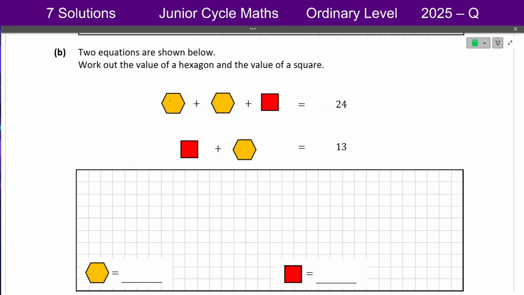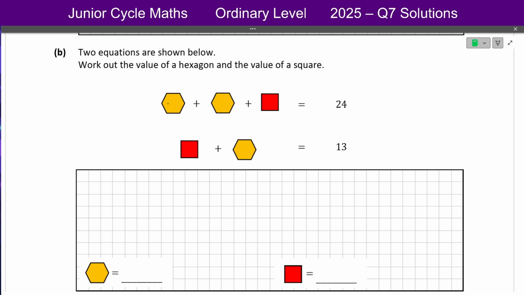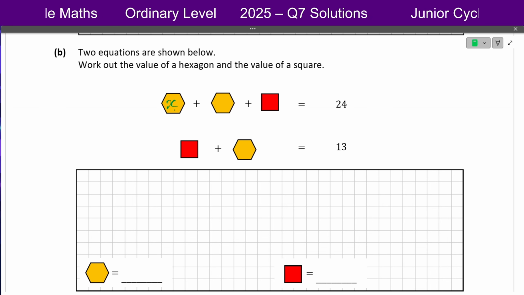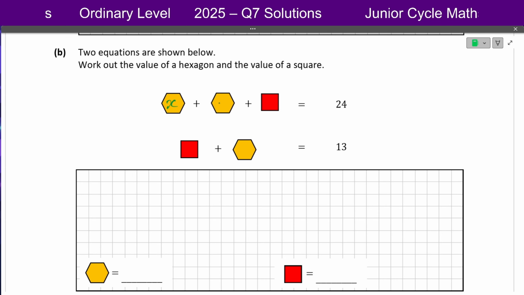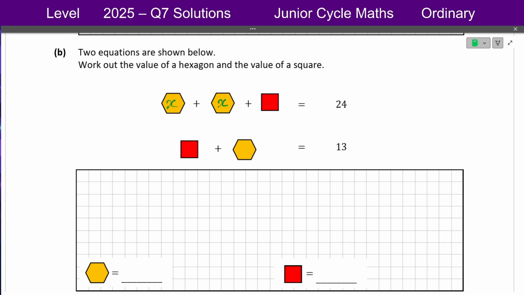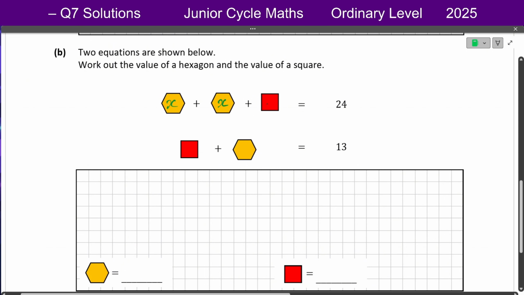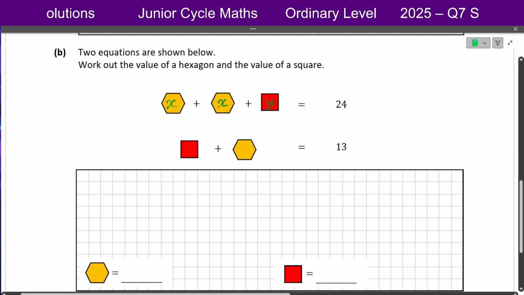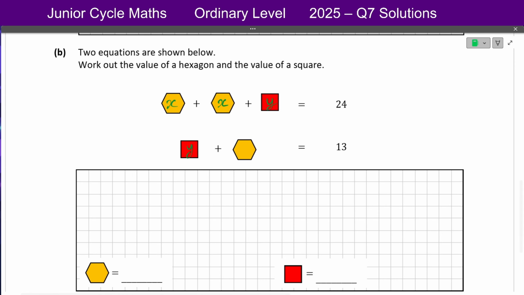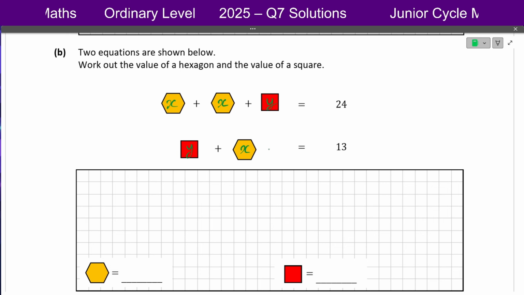For example, we can assign a variable x to the hexagon. So here we have x, and also another x here for the second shape, and for the square we can assign another variable, for example y. So in the second equation we also have y plus x equals 13.